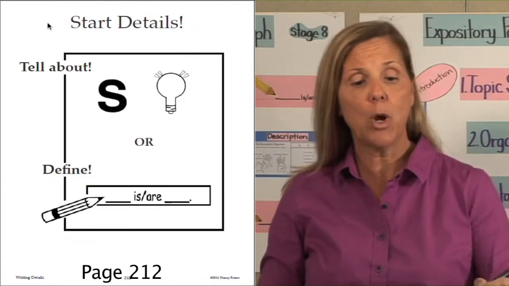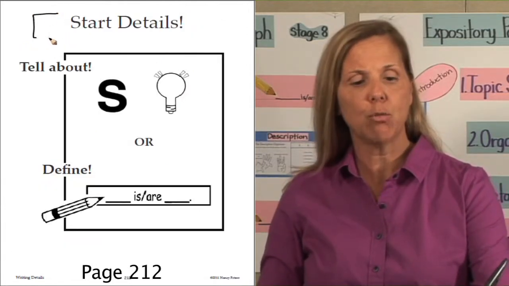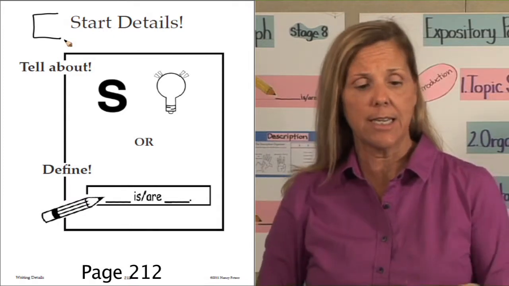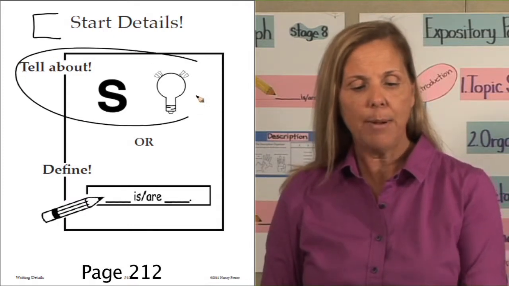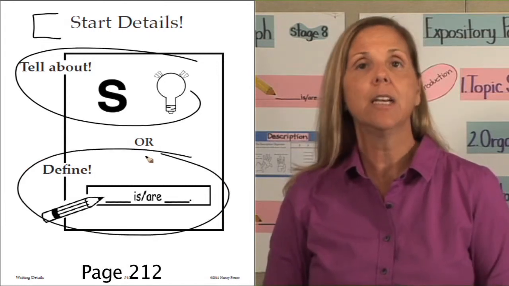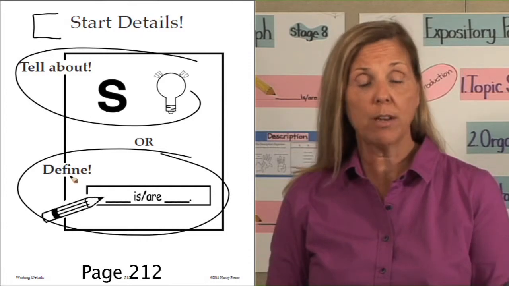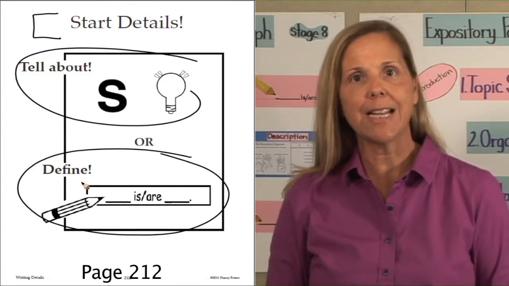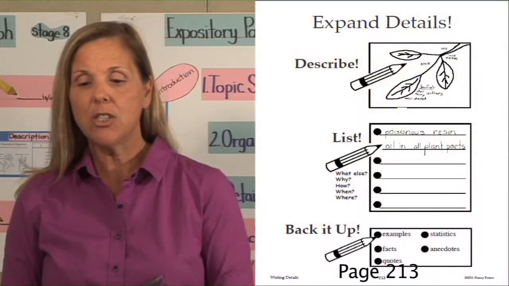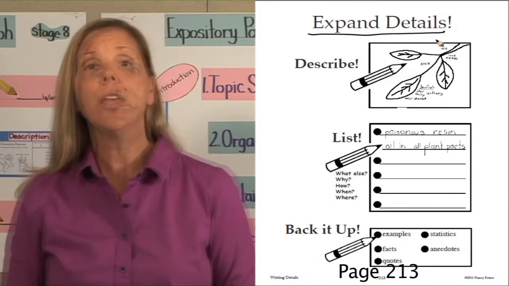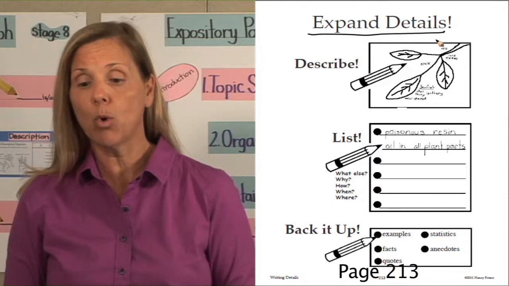On page 212 is a visual for students to follow in order for students to start their detailed sentences. We have our tell about or define starting details visual, and they will choose between one of these 2 to start their detailed sentences. On the facing page is the expand details. Once they start their details, then they need to decide if they need to add more information.